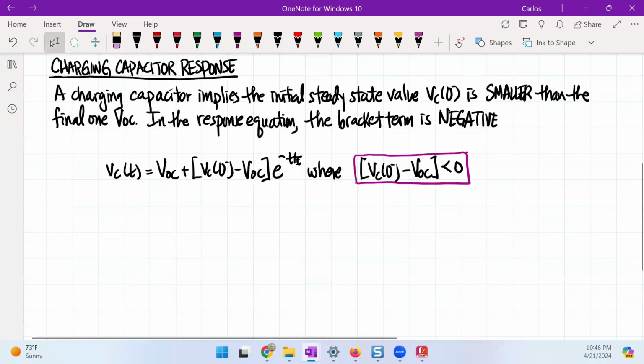So that minus sign doesn't show up so well in the equations.